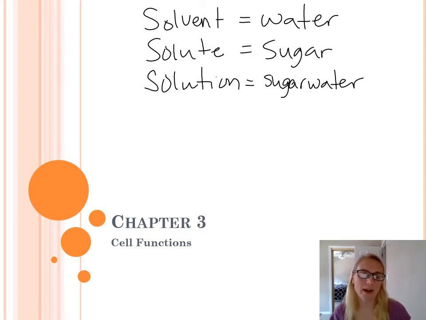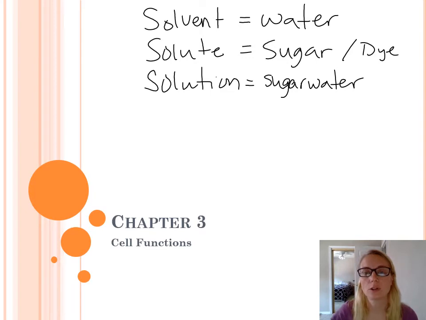I added a little bit of pink dye, so that would be another solute. Solutes are the things that are dissolved by the solvent, and when you dissolve solutes in solvents, you get a solution. So the solution was my pink dyed sugar water made up of the solvent water and the solutes, sugar and food coloring.